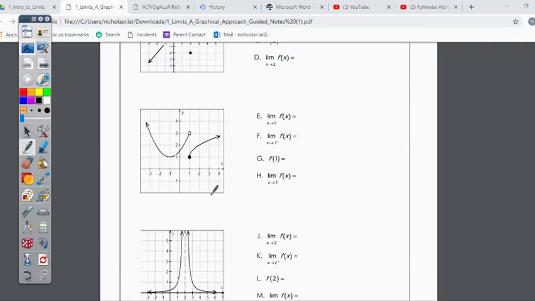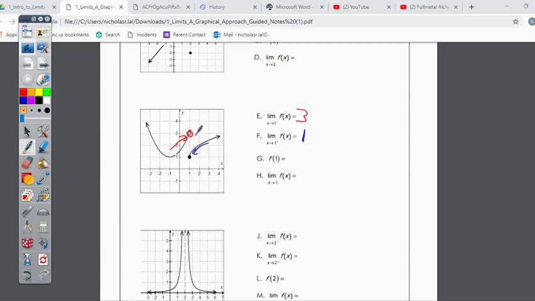The limit as x approaches 1, sorry, once again, let me reread this. Limit as x approaches 1 from the left. From the left, the function is approaching 3. From the right, as x approaches 1, the function is approaching 1.